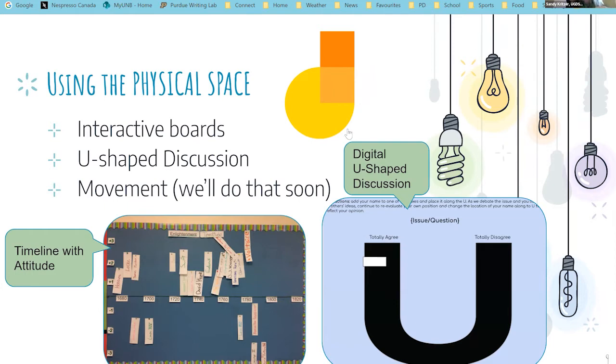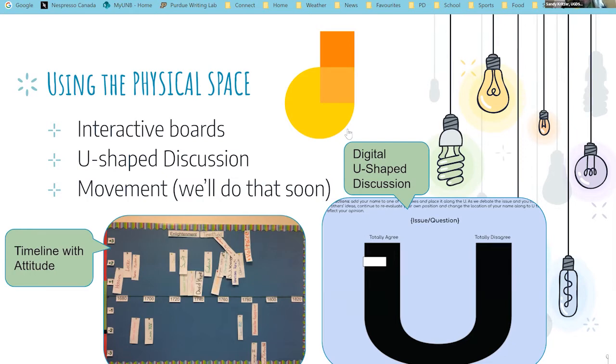In this case, the horizontal line is the timeline, and then you're posting ideas based on whether they had a positive influence or negative influence. You can't put anything on the zero, and that forces conversation.